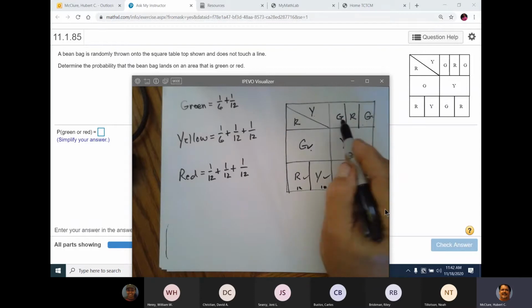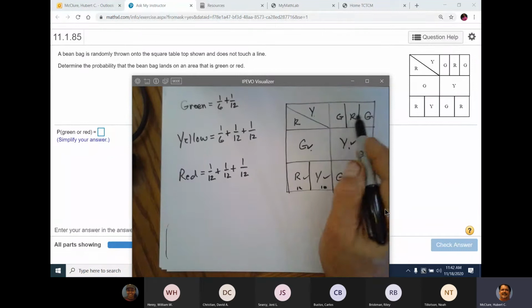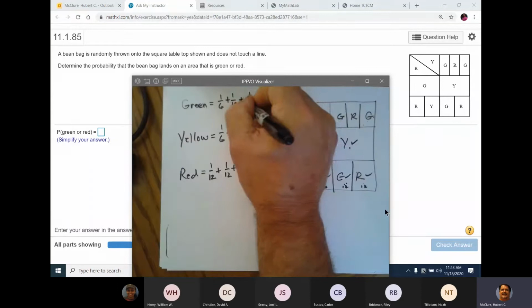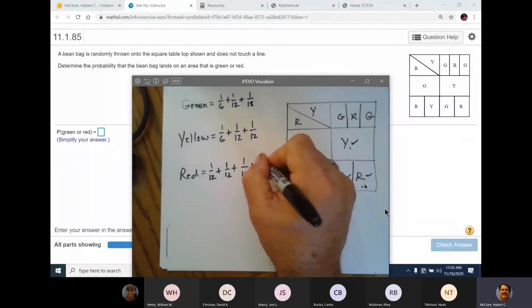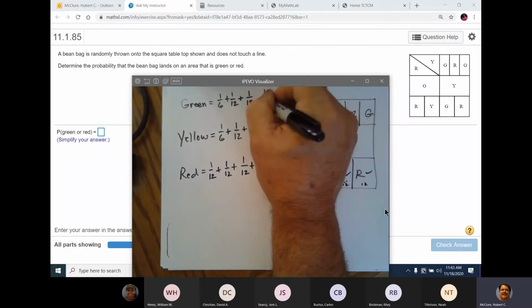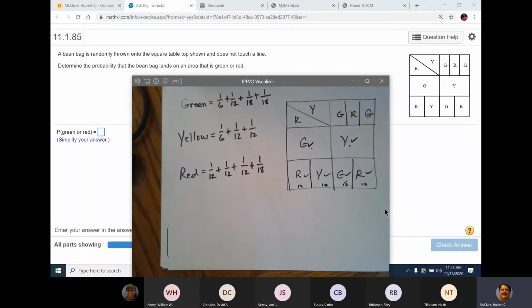If you were to break each one of these up into 3 spaces, 3 times 6 is 18. So green is 1 over 18. Red is 1 over 18. And green is 1 over 18. And that's where you get your numbers.